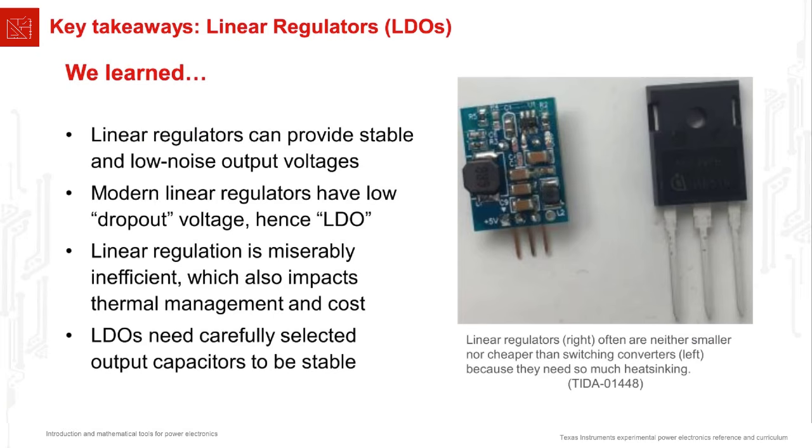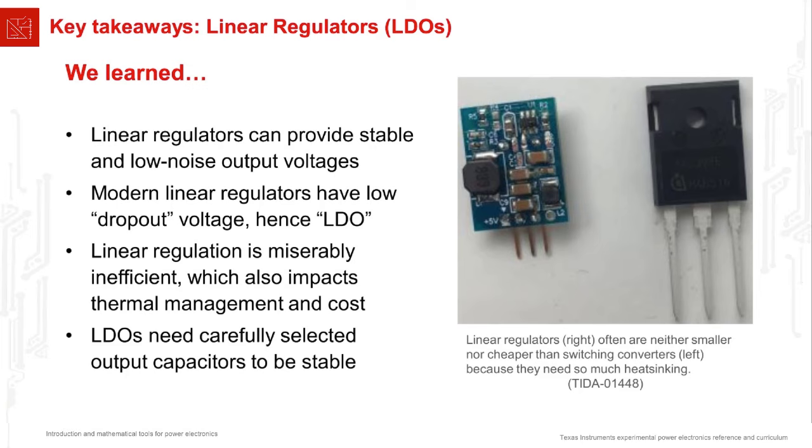So we've seen that linear regulators can provide stable output voltages. They have a feedback control loop, and so they can keep the output voltage where it needs to be. Because the linear regulator is linear, there isn't a lot of noise at the output, which is useful in some applications.